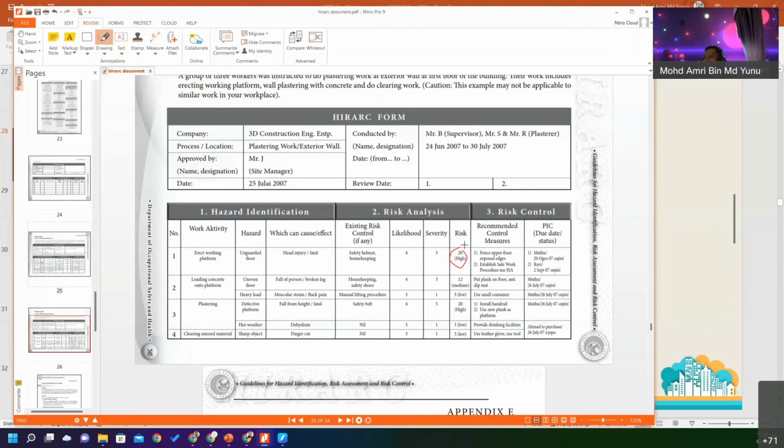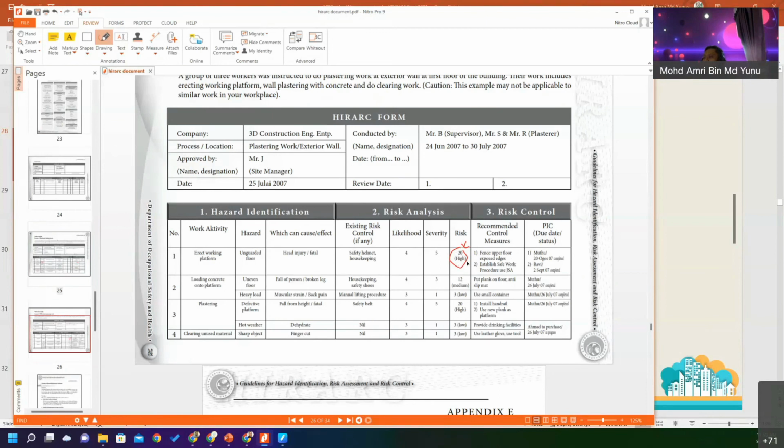But for this case, actually, they have to put a note there. Stop work because this is very high. No work shall be done until the recommended control measure here. That is fencing, which is like marking the area and avoiding anyone from coming into the working area of the working platform.